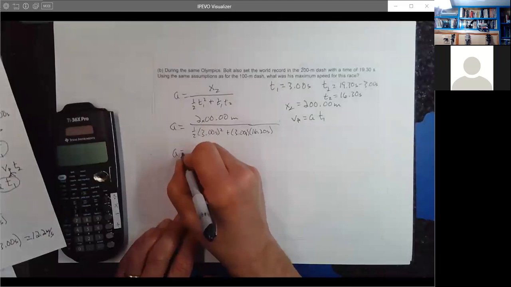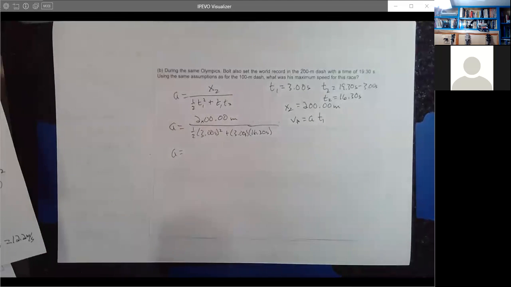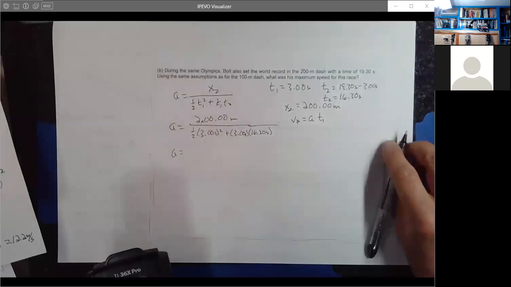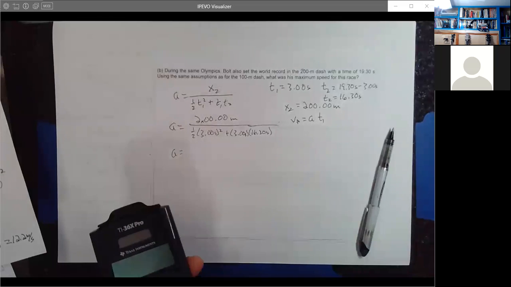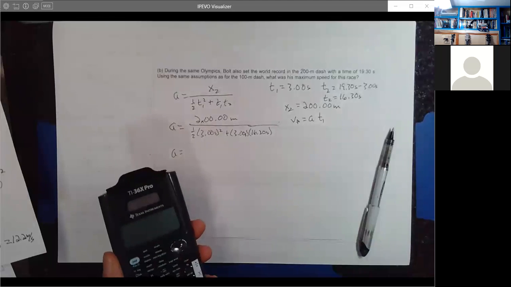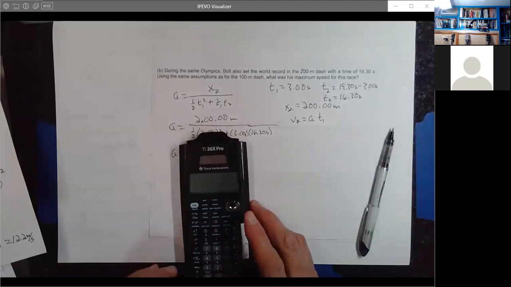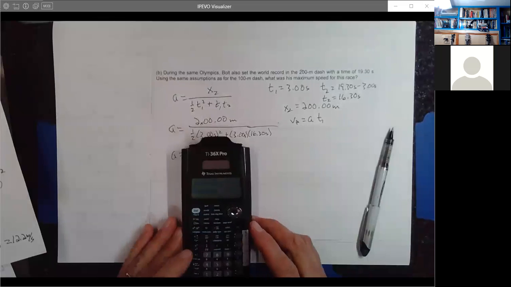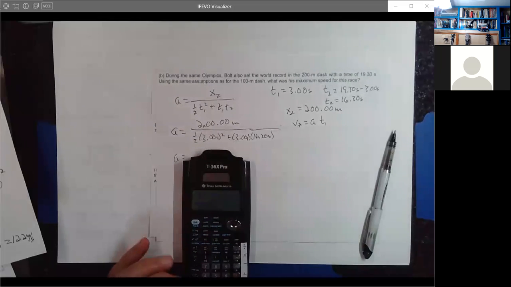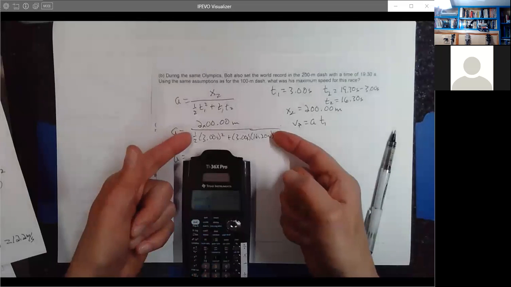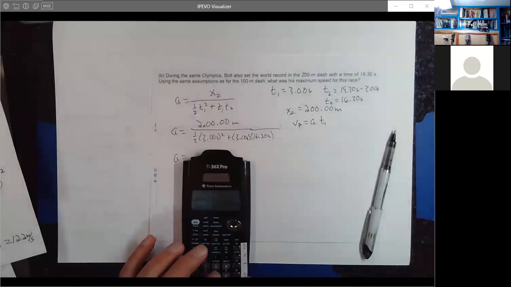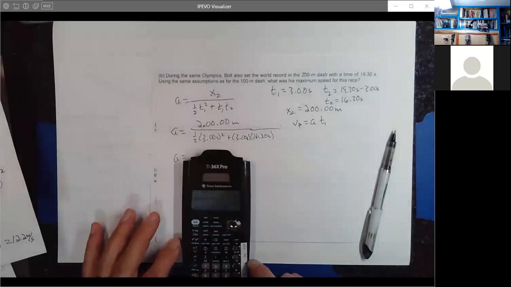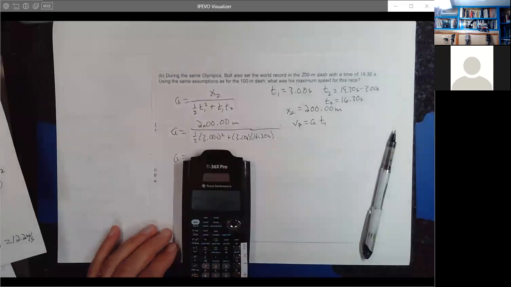I'm curious, is his acceleration more or less than it was before? Turn on the calculator first. So 200 divided by, wrap that denominator in parentheses, 1/2 times 3 squared plus 3 times 16.3.